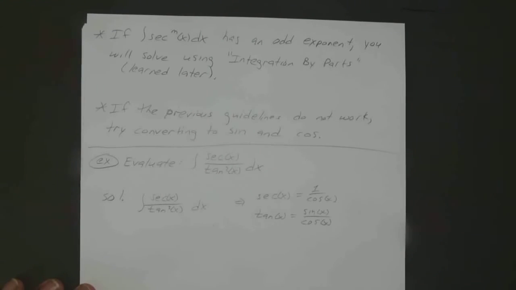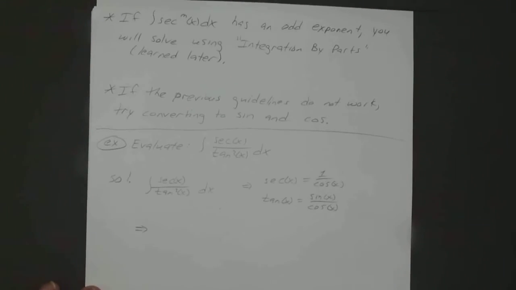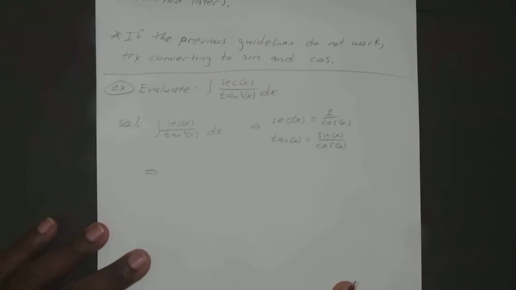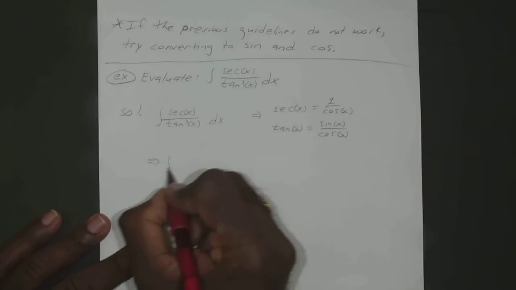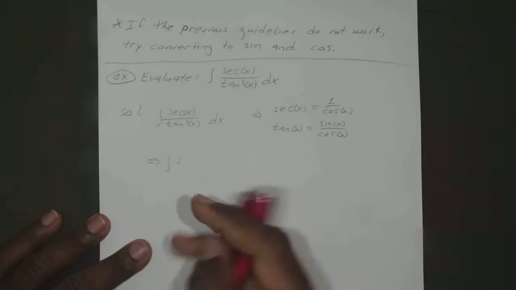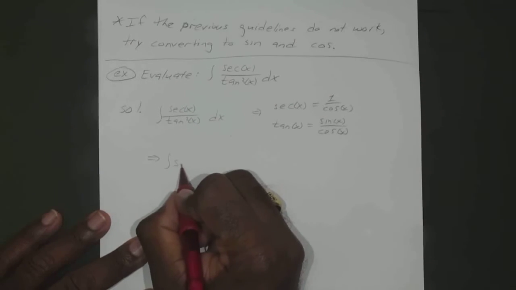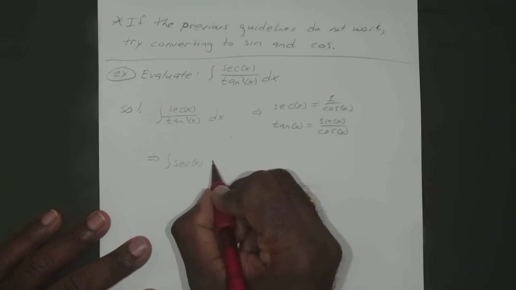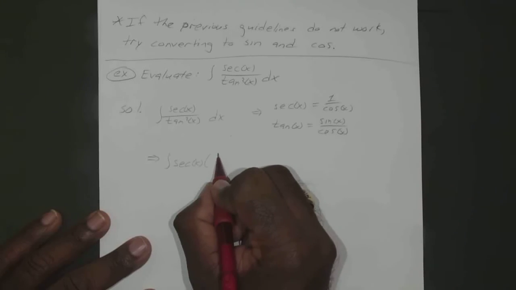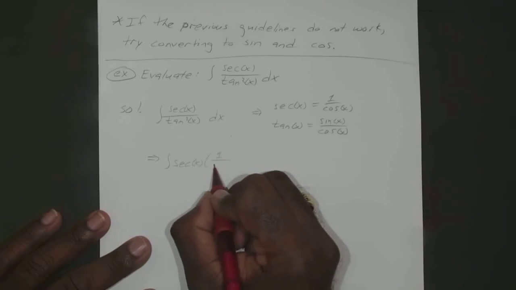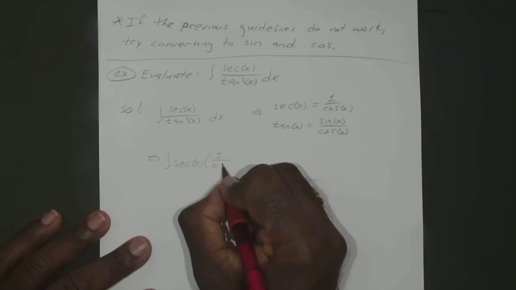So 1 over tangent x squared would just be cosine squared over sine squared, flipped. I'll rewrite that first. So you can rewrite it as secant x times 1 over tangent squared.